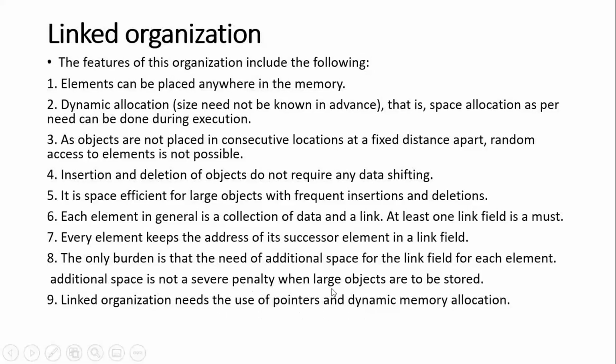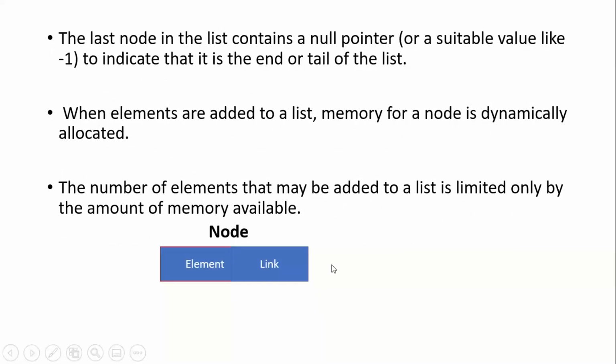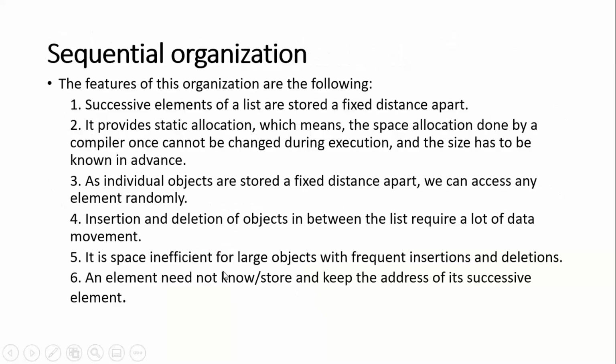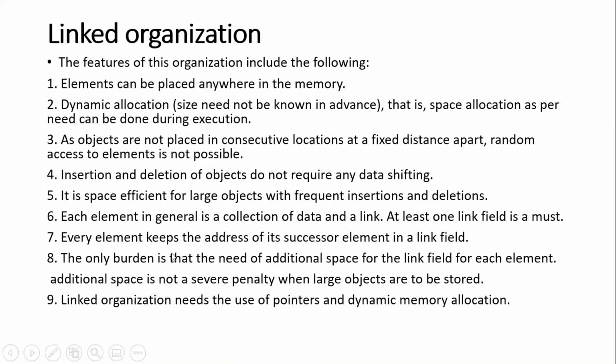So this is about your linked list definition, how a linked list looks, what sequential organization is, and what linked organization is. Once you understand the differences between sequential and linked organization, the advantage and disadvantage of sequential organization, and the advantage and disadvantage of linked organization, we can move to the next topic.